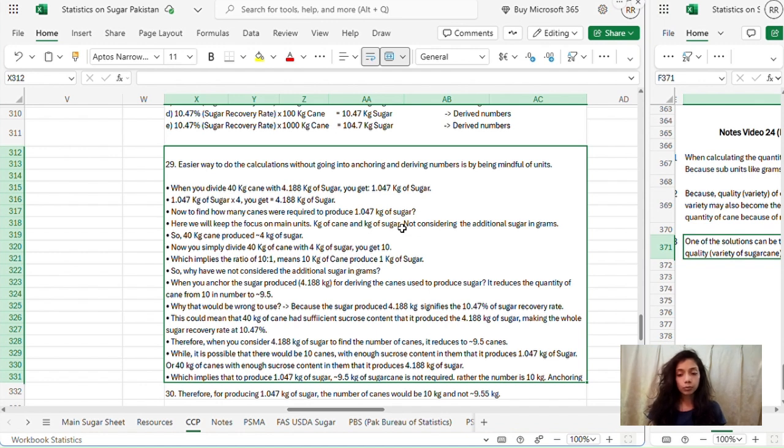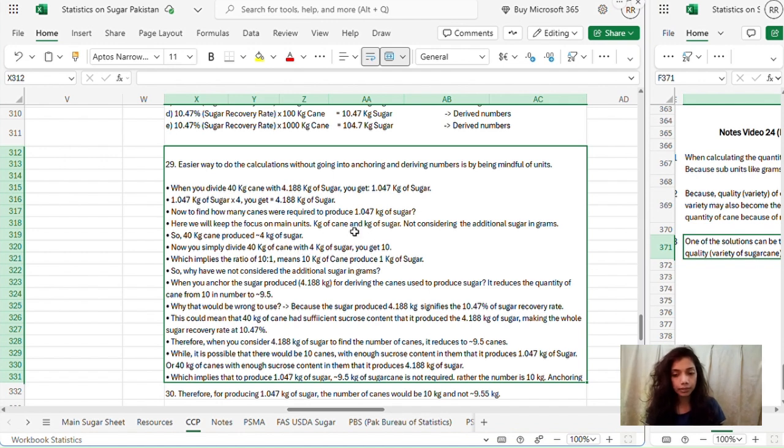But while we are doing the calculations, numbers of course do not know what they are. We are applying the concepts of kgs and units to them, so we have to be mindful. Here we will keep the focus on the main units, kg of cane and kg of sugar, not considering the additional sugar in grams. The same point: 40 kg of cane is producing 4 kg of sugar.